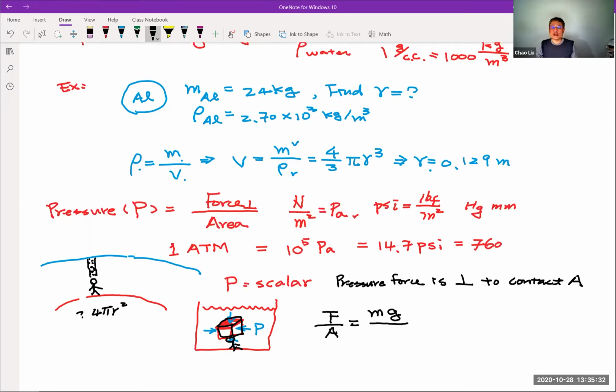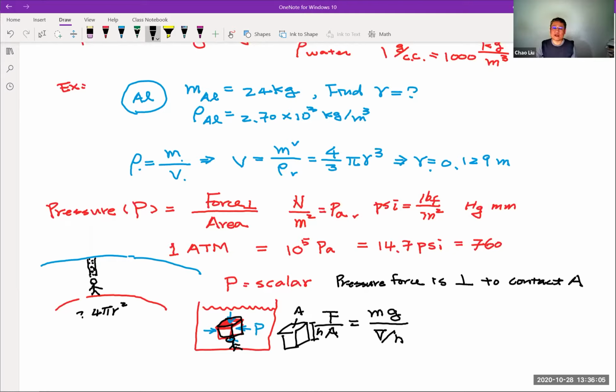Now, if you just stand right below this one, the area is going to be the area of the object. So I have this object here, and this object has an area A, and it has a certain height, and this is the H. So I can say my area is equal to my volume divided by H, right?